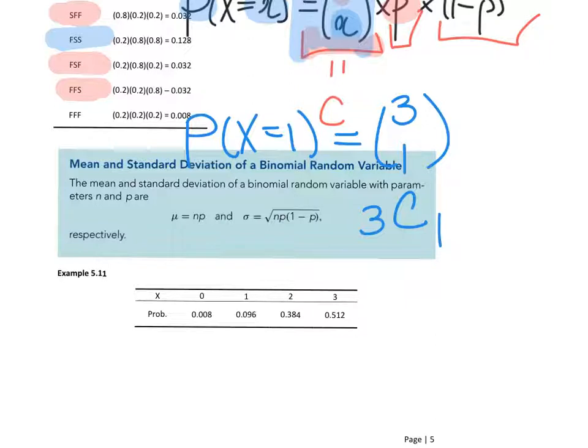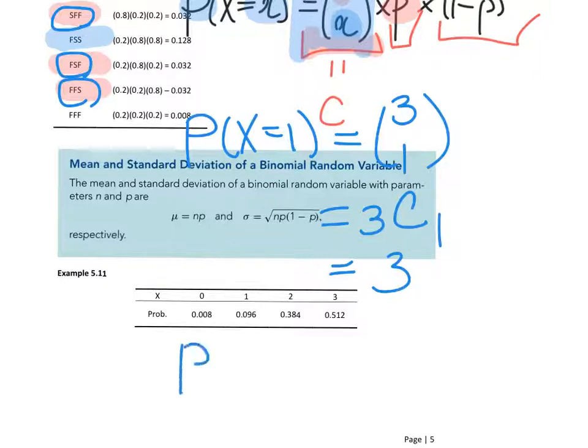How many was 3C1? Do you remember? You can try right now. Go to the math key, probability, take number 3, nCr. How many? 3. Who are the threes? 1S, this one, and this one. 3 combinations.